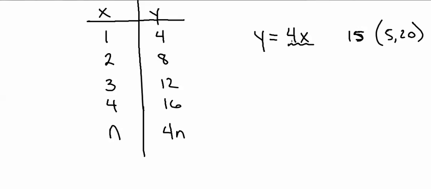Yes, because 4 times 5 equals 20. So that'd be a yes. They ask you if (-20, -5) is a solution to y equals 4x. What's 4 times -20? It's not -5, is it? So is that a solution? No.